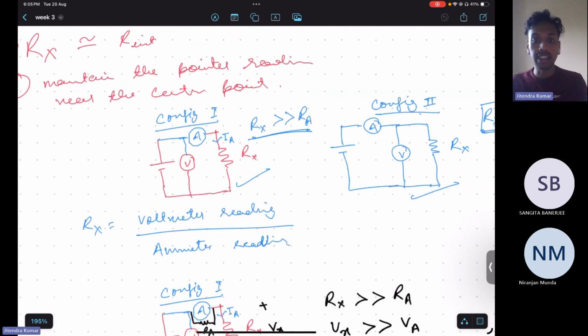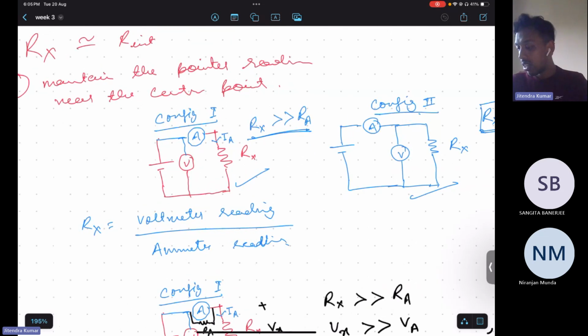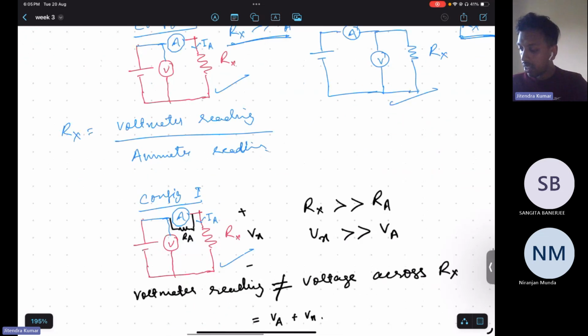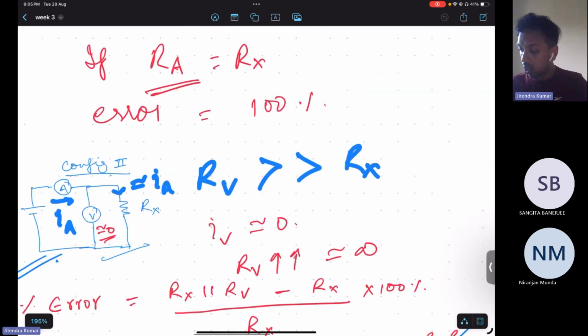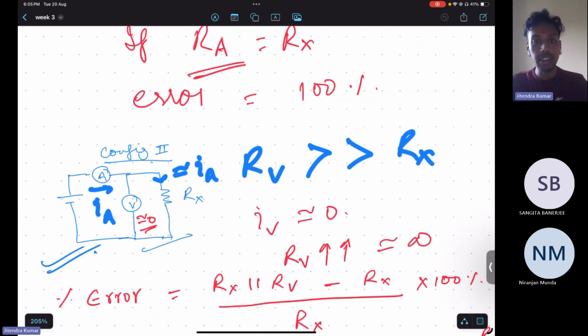In this case, we concluded that when load resistance is much higher than ammeter resistance, you are going to get the least error in configuration 1. In configuration 2, we saw that when voltmeter resistance is much higher than the load resistance, you are going to get the least error, right?